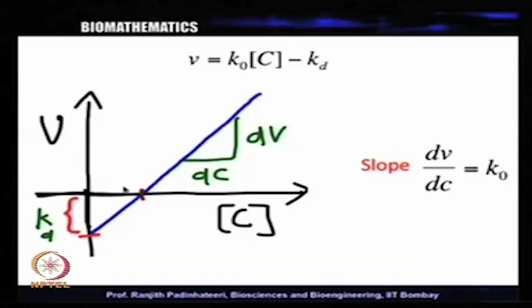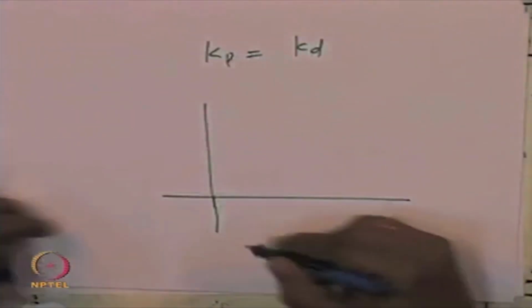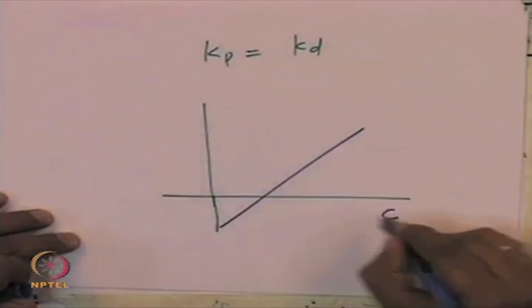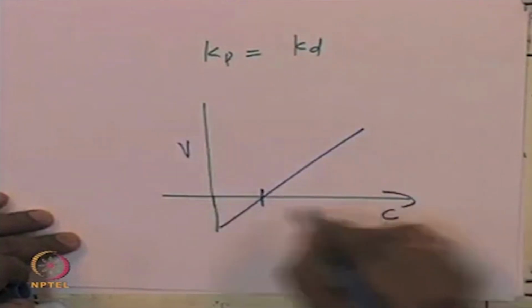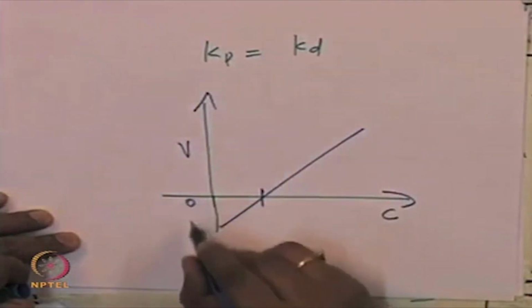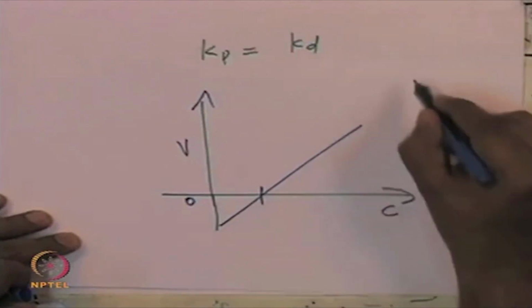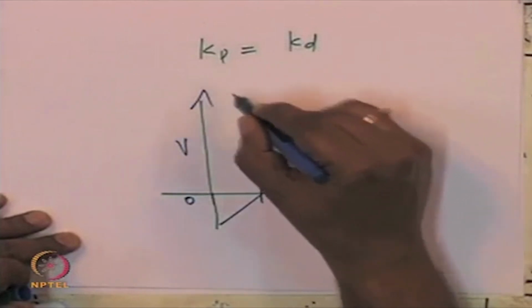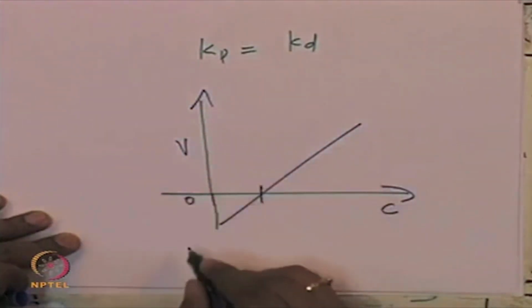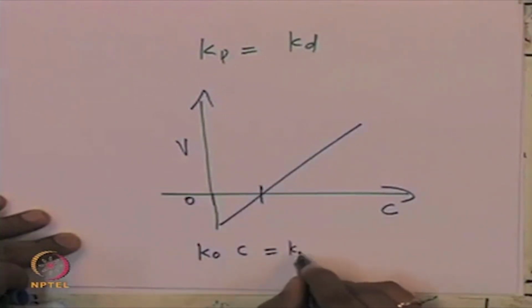If you plot a curve of C versus V, at some particular point the velocity will be 0. The concentration at which the velocity is 0 means Kp equals Kd, and we learned that Kp is nothing but K0 C, which is equal to Kd.